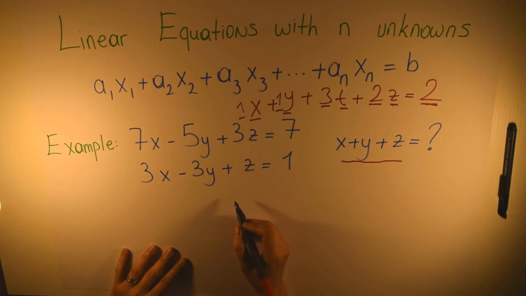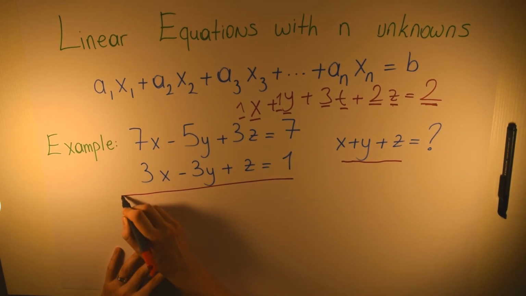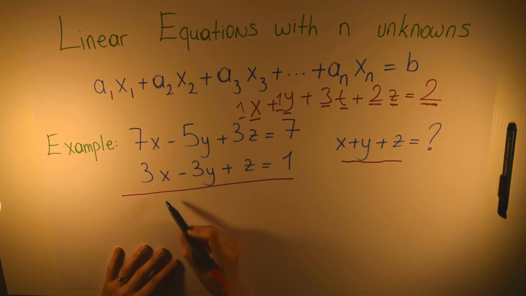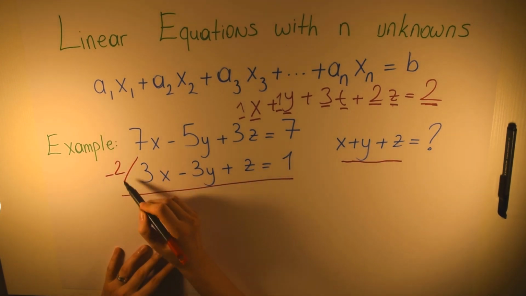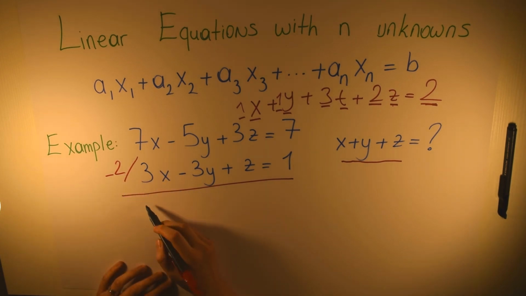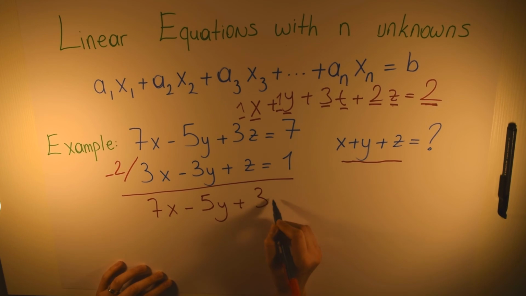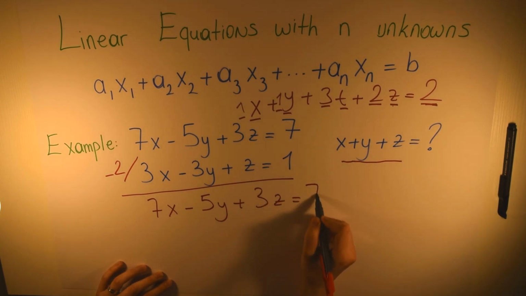When I subtract them, still I don't get anything. And after that, I see that if I multiply this equation by -2, let's see what I get. It's still 7x minus 5y plus 3z is equal to 7.